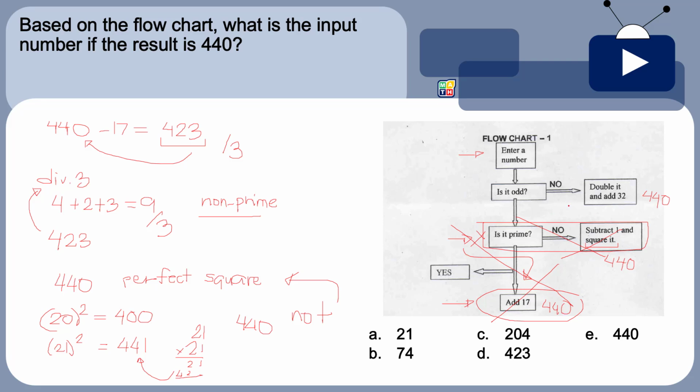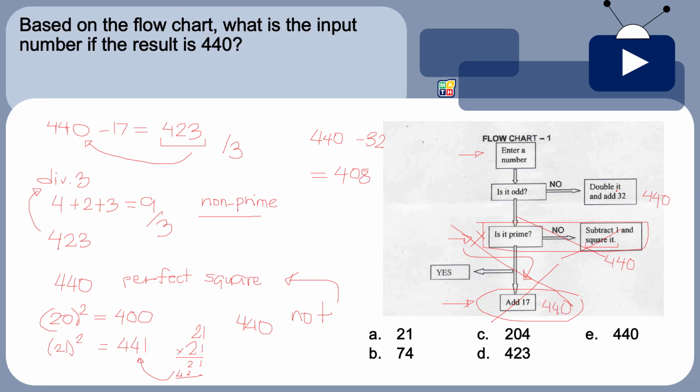This would mean that 440 could only be a result of this process. And since we only have one process, we can get the exact input number. Because when you do the reverse process, 440 is a result of adding 32 to a double. So we are going to subtract 32. Okay? So 440 minus 32 is 408.